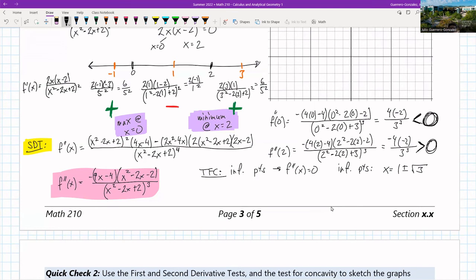So now the question is, how do I use these points? I'm going to go ahead and do the number line again. And I'm running out of space.